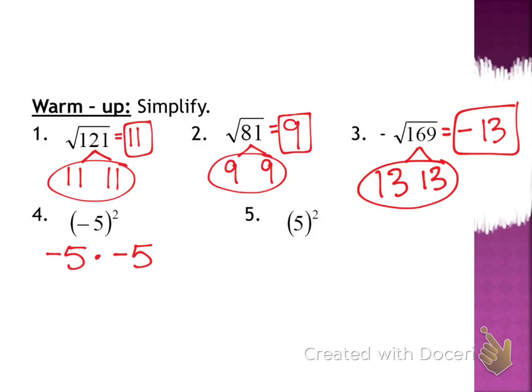If the negative's not in the parentheses, we don't include it when we write it 2 times. Negative 5 times negative 5 is 25. The other one is just a 5 squared, which means we take what times what? 5 times 5, and we get 25 again.